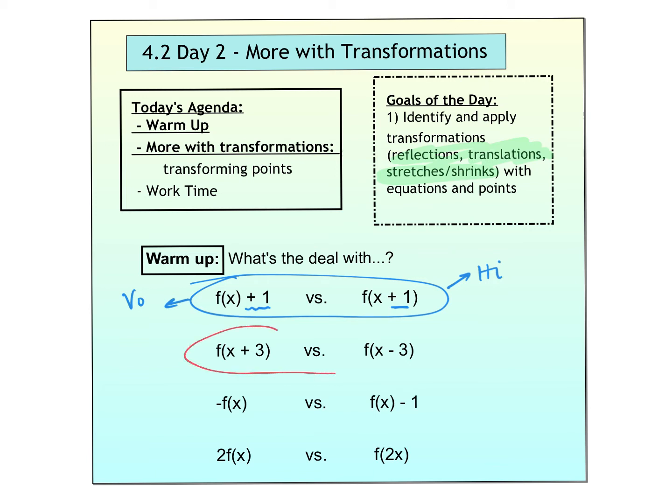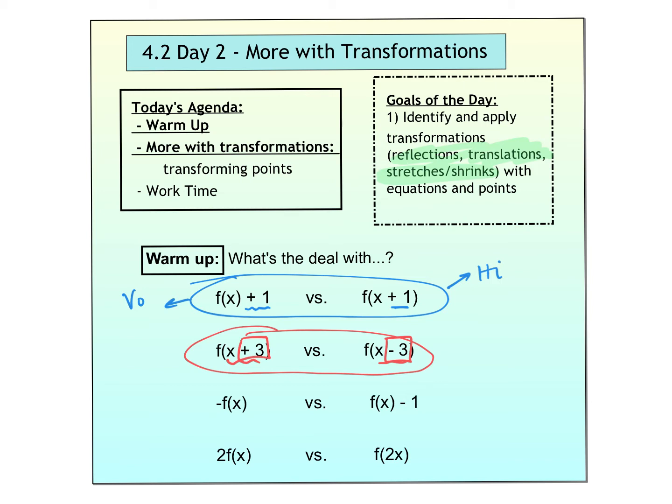In the second row, we want to compare f of x plus 3 and f of x minus 3. So you notice that both of these transformations show up on the inside of the function, so they're both going to be horizontal transformations. They both have a 3, but one of them is a positive 3, and the other one is subtracting 3.